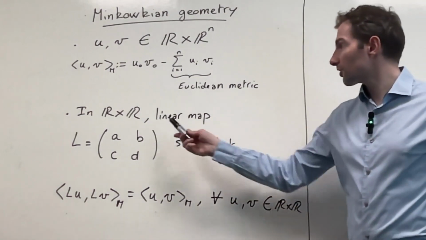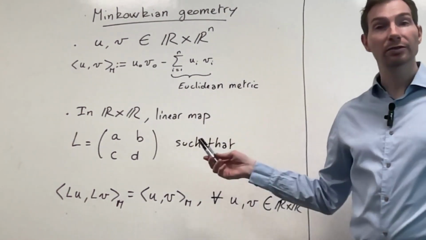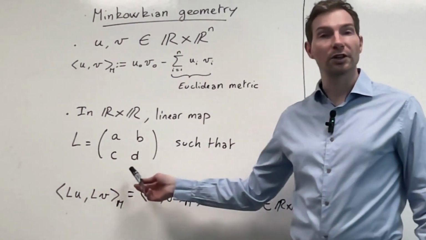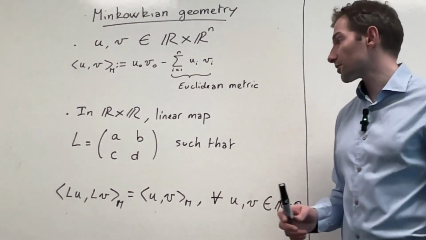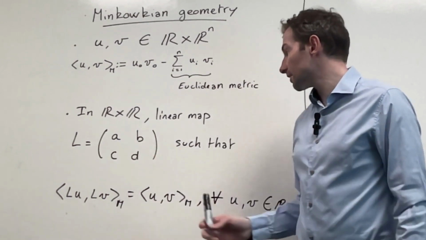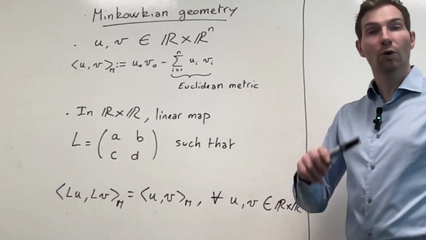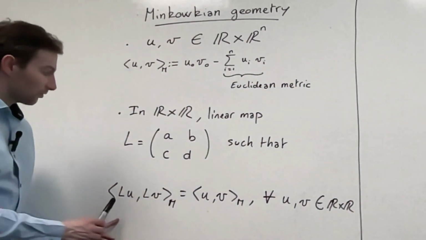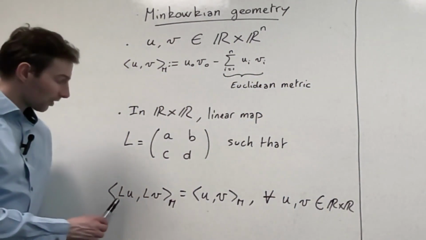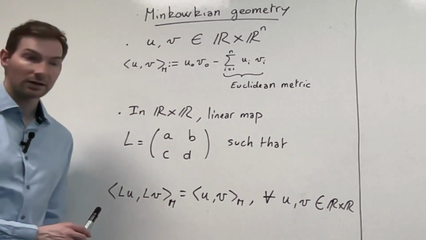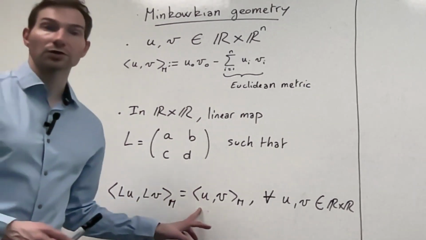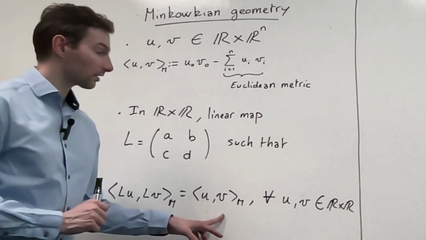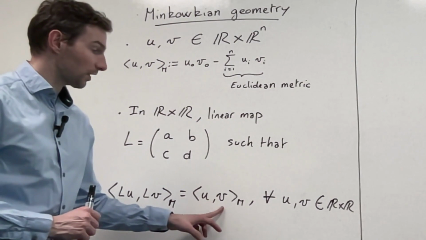So what we imagine is that there is a linear map that we call L, and it has 4 entries that are unknown so far: A, B, C, and D. And what we want is to find all the possible linear maps such that if you take the inner product of LU with LV, it has to be equal to the inner product of U and V in Minkowskian space.